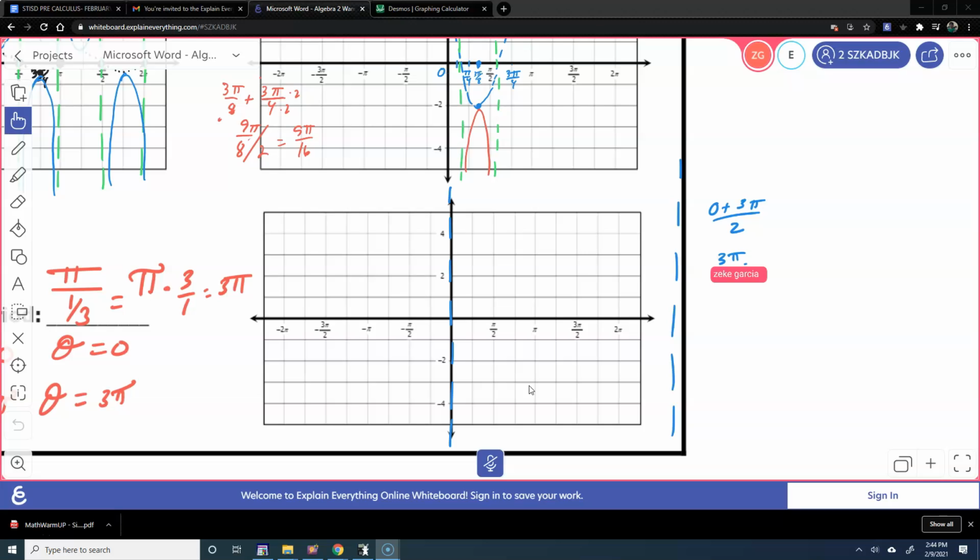So the middle will be 3 pi over 2. That's where it's going to be 0. And then cotangent behaves like this. So I have 1, 2, 3, 4, 1, 2, 3, 4, 1, 2, 3, 4. So you can kind of estimate the asymptote is right here.